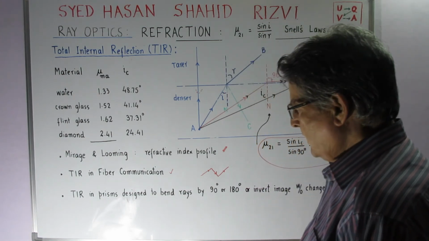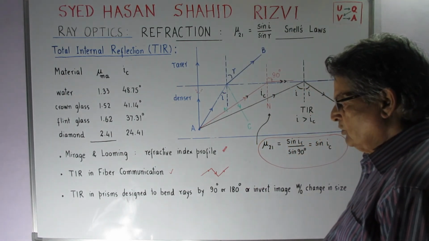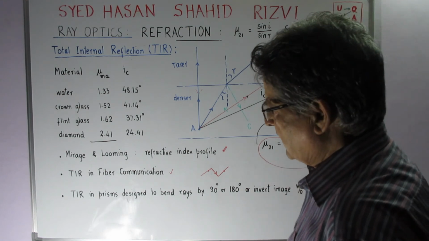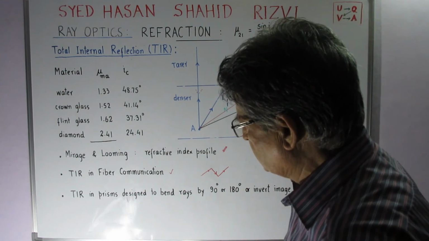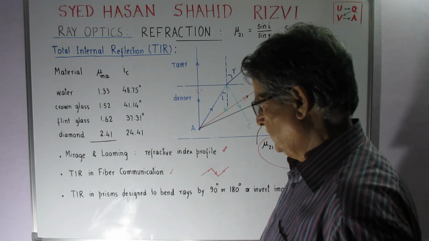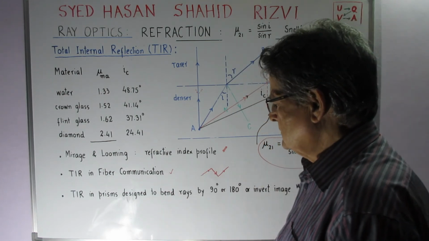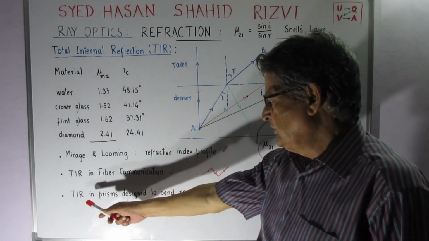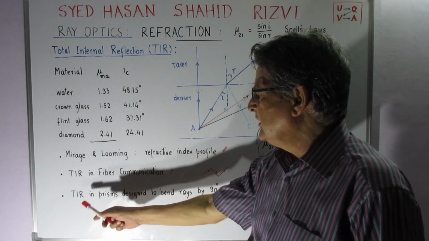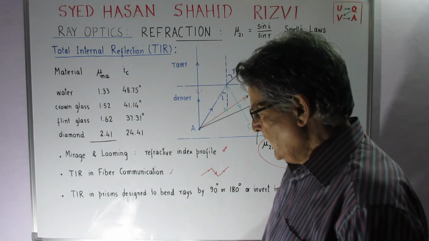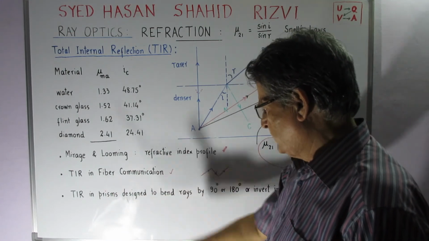Another thing, which again I am not going to draw out for you, because books give very nice drawings that are very simple to understand and you can do it in 10 minutes, is the application of total internal reflection in specially designed prisms.